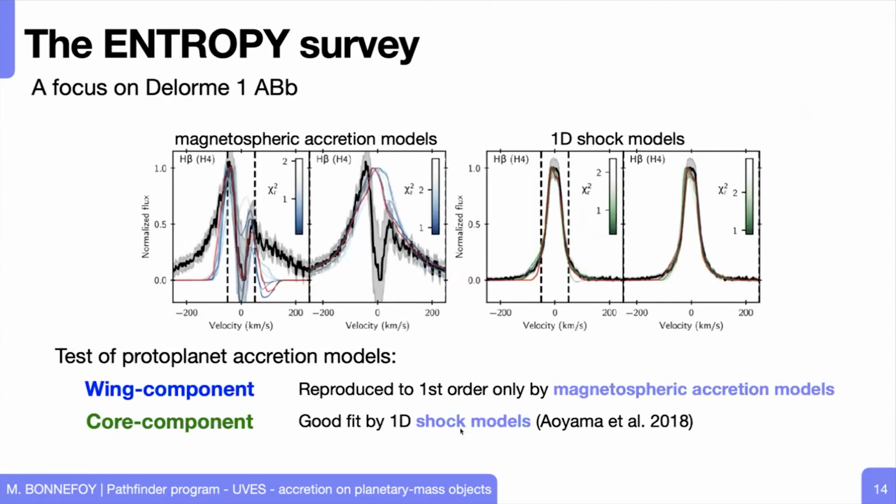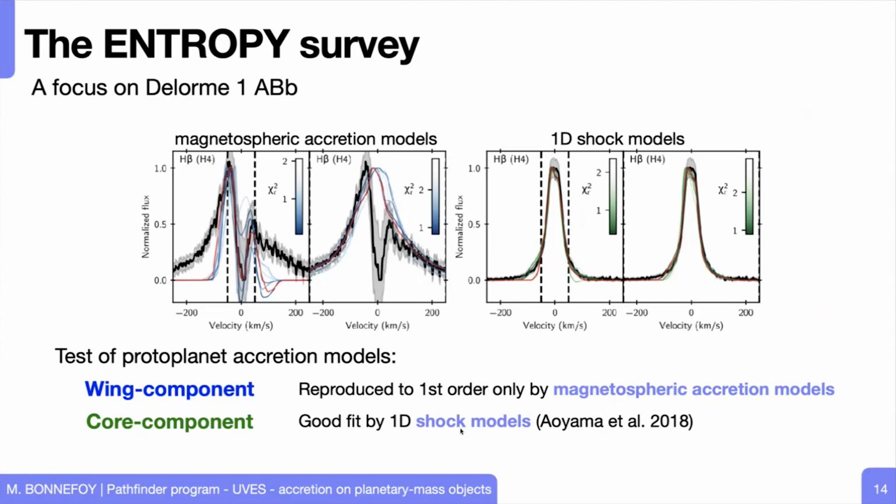This decomposition, we are retrieving it independently for every Balmer line. So this is really a pattern that is truly there within the data, within the line structure. And we try to model it with protoplanet accretion models. On the left, you have a fit of the wing component, the broad component, with models that have been designed for PDS 70 b and c.